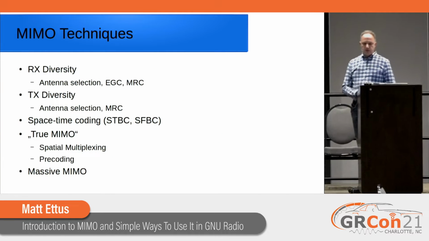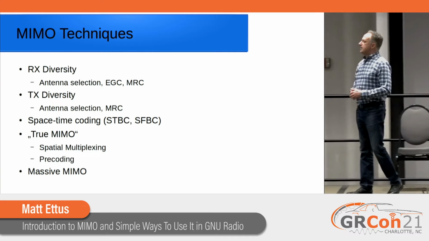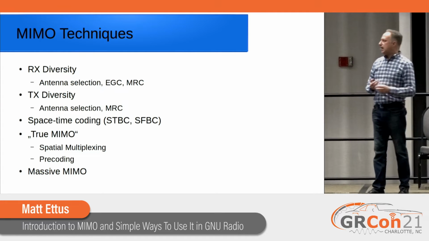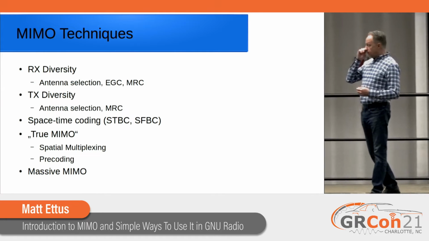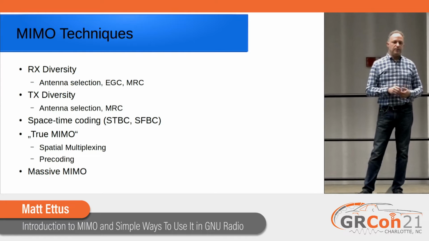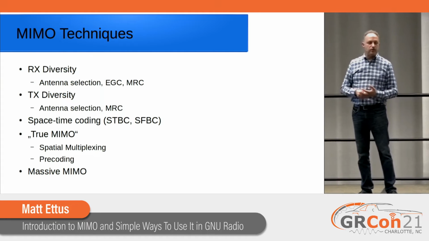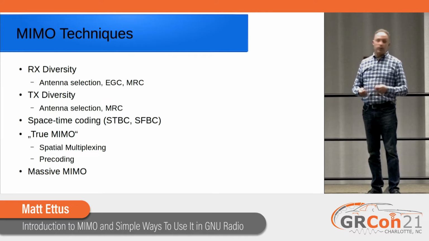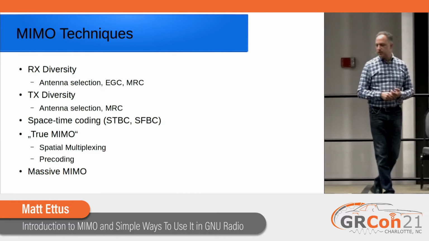So to divide up the various techniques, we have receive diversity, and we'll go over three different varieties of that. There's antenna selection, equal gain combining, maximal ratio combining. There's transmit diversity, where we also have similar options.